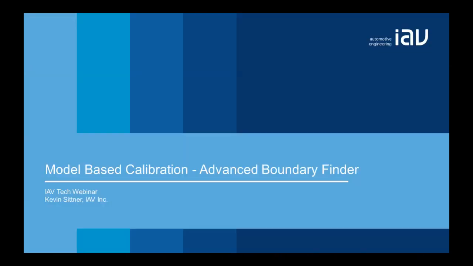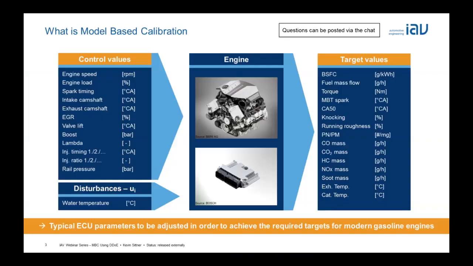Now that you've learned a little bit about IAV, let's get started with today's topic, Advanced Boundary Finder. Let me give you a short overview of model-based calibration, in case you did not have a chance to attend the previous webinars on dynamic DOE for model-based calibration.